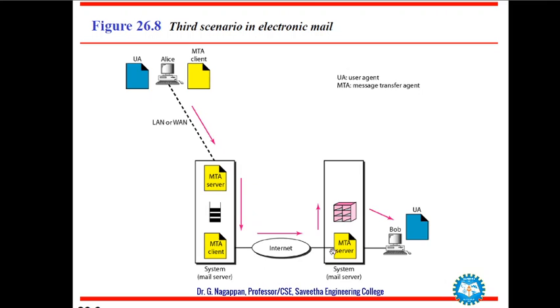When it is passed on through the internet, it is received by the MTA server on the receiver side, and there it is categorized into various email IDs of the receivers, and then it reaches the corresponding email ID of Bob, the receiver, based on the user agent when the mail is being opened.